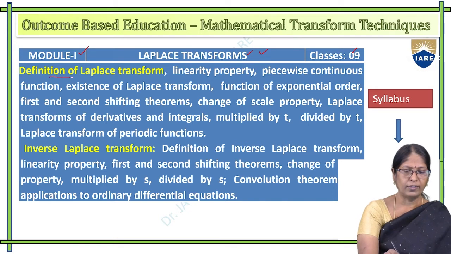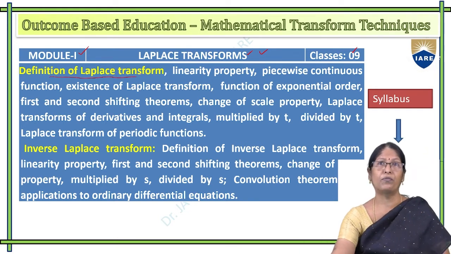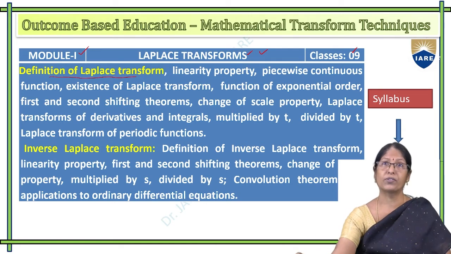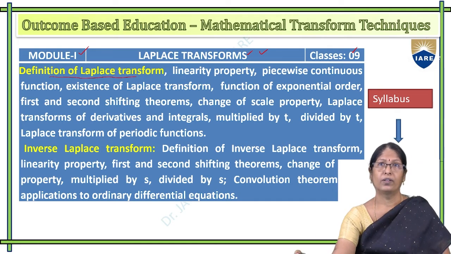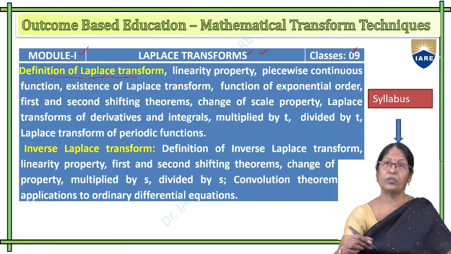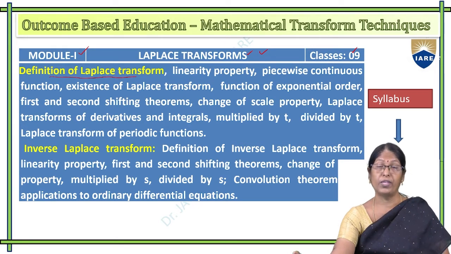And the syllabus: the definition of Laplace Transform. What is Laplace Transform? The great mathematician Laplace gave the formula, and from there we start. In a transform, we see from where to where the transformation takes place.